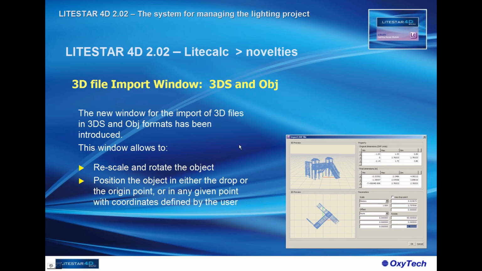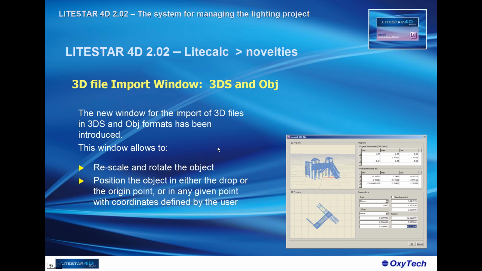Let's come now to the design module, LightCalc. We introduce a new window, a new feature, allowing to manage the import of 3D files. As you probably know, Litestar 4D is capable of managing 3DS and OBJ file formats.